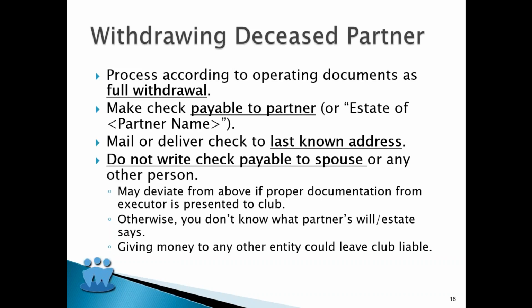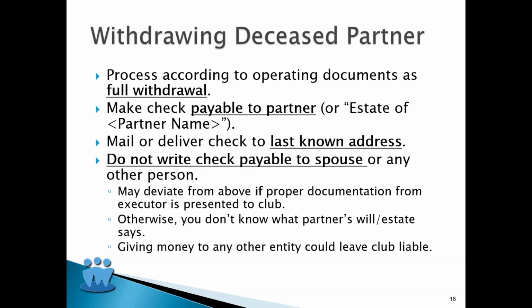But the best process is to simply write a check to the partner's name and deliver it to the next of kin. Don't worry about getting fancy. Don't worry about who the next of kin is, and write the check in their name. The idea here is that we're trying to keep things simple, and we're trying to figure out the best way to handle things without creating problems.